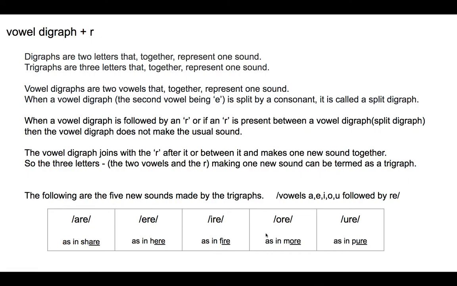The following are the 5 new sounds made by the trigraphs, and this will be of the format the vowels followed by RE. Air as in share, ear as in hear, ire as in fire, or as in more, your as in pure.